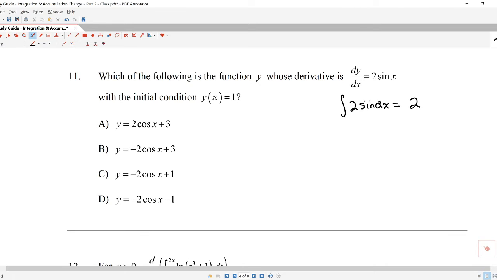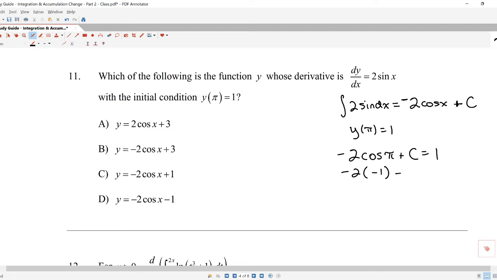So that's 2. The antiderivative of the sine is the negative cosine of x plus c. If you remember the indefinite integrals, we always have to do plus c. Now, we know since y of pi equals 1, then when I plug in pi, I get out 1.